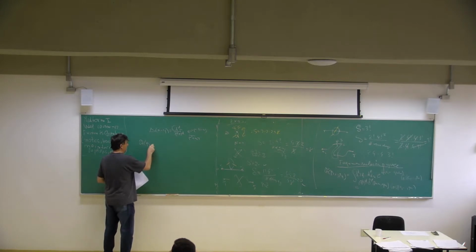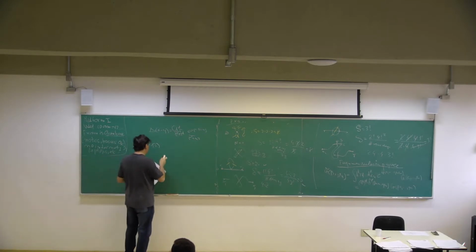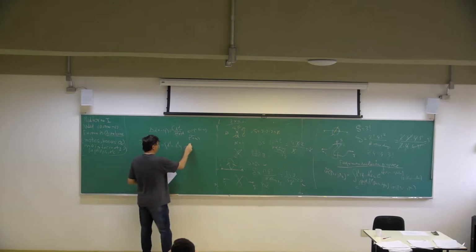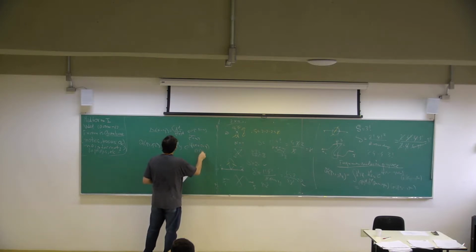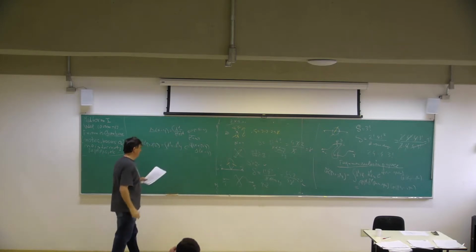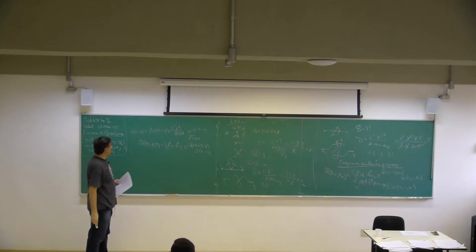So I define G tilde of p1, p2 as integral over x and y, e to the i (p1 x plus p2 y), of the delta x minus y. This will be, for the free theory, the propagator of x and y.